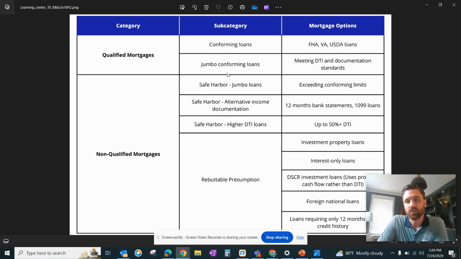So you'll see with this chart, let's focus on this top left portion here, qualified mortgages. So you've got category, simple as that, qualified mortgages and non-qualified mortgages, or non-QM. You may hear that again at some point.